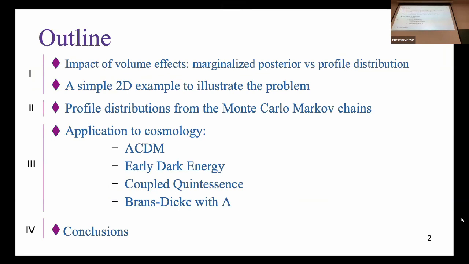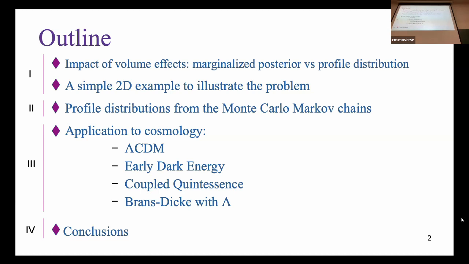And yeah, I'm going to first of all introduce, I guess that most of you know what a marginalized posterior is, but I would like to review explicitly this concept, which of course plays a fundamental role in Bayesian analysis.